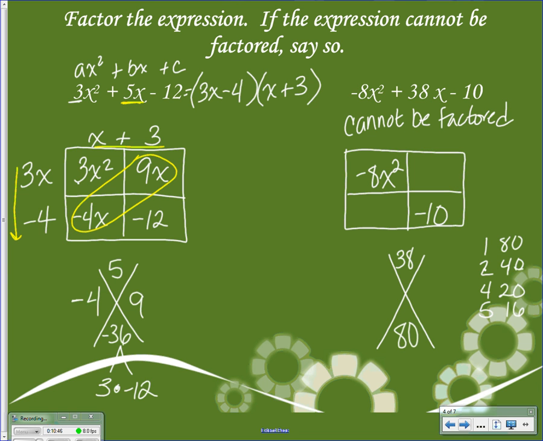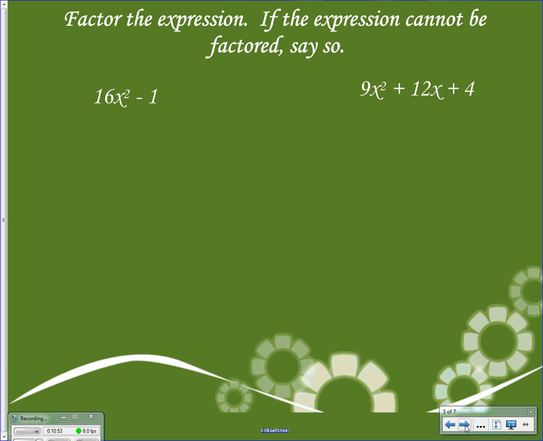Okay, there we go. So now that we can factor these, we need to be able to solve them. So I guess we have 2 more to factor. Forgot where I was at. We're going to do the same thing again. Here we go, our little square. I'm going to put my A term here and my C term here.